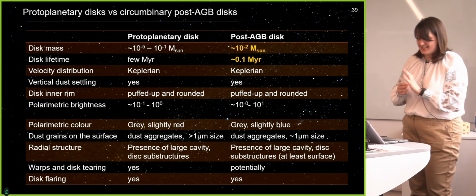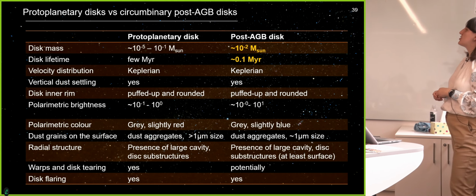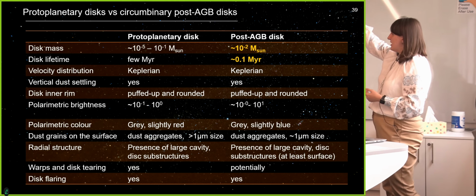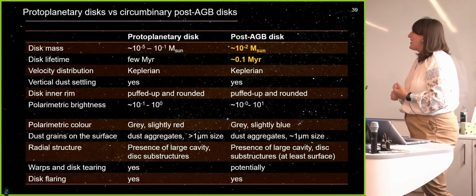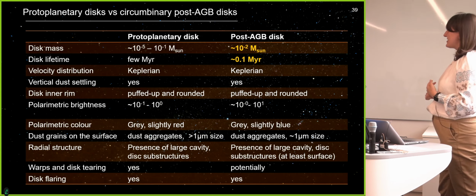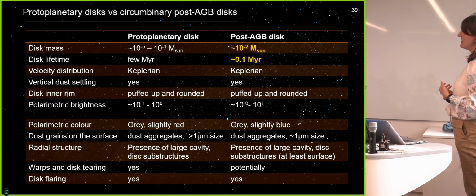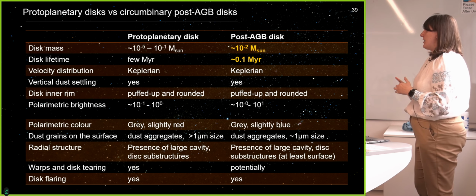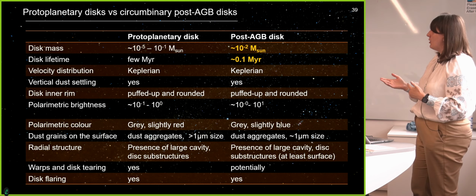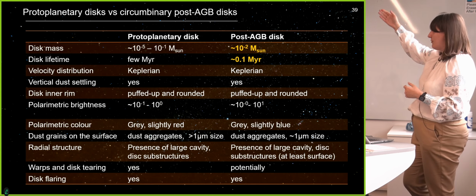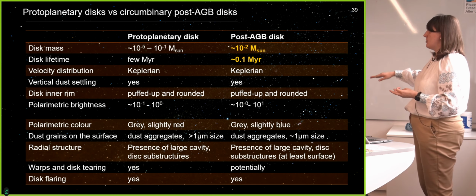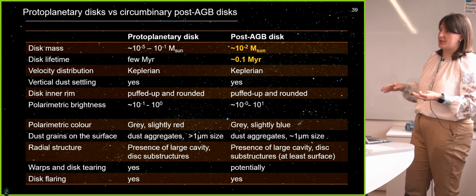So to sum up our comparison between post-AGB disks and protoplanetary disks, here is a table with different observational parameters for the systems. As you can see, despite different formation nature, different lifetime, and also in general quite smaller disk mass for circumbinary disks around evolved stars, as observational parameters, they do appear very similar.